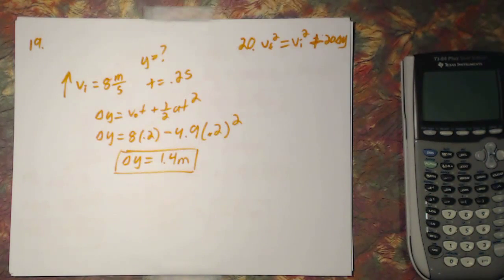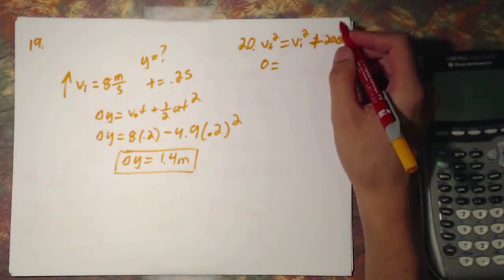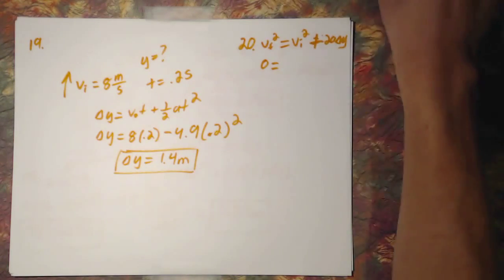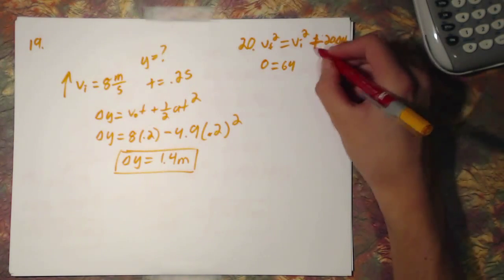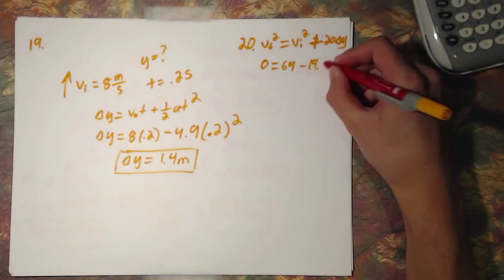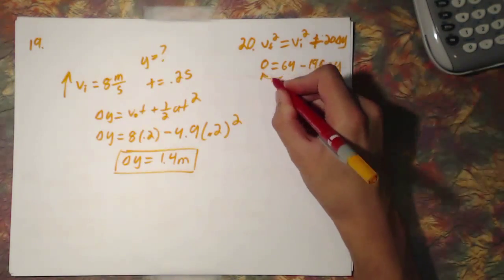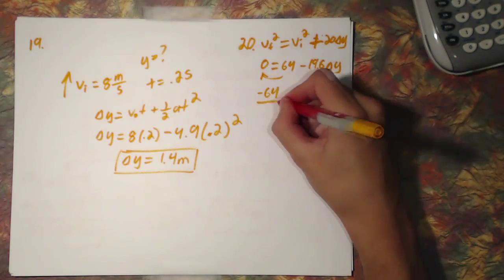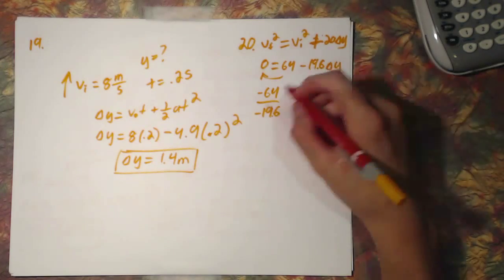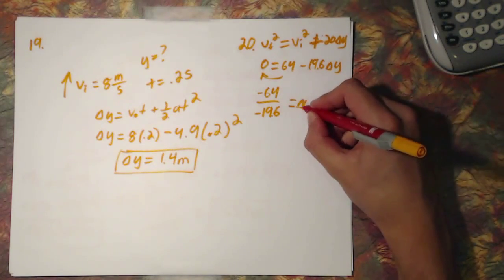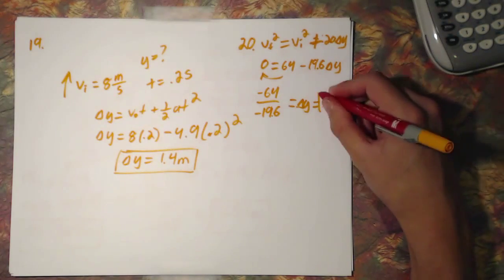Our final velocity is 0 because it's at the top. Our initial velocity is 8 meters per second, and we're going to square that. We get 64 plus 2a, which is minus 19.6, times delta y, which is what we're looking for. So subtract it over, divide by 19.6, and you get your delta y, which is 3.3 meters.